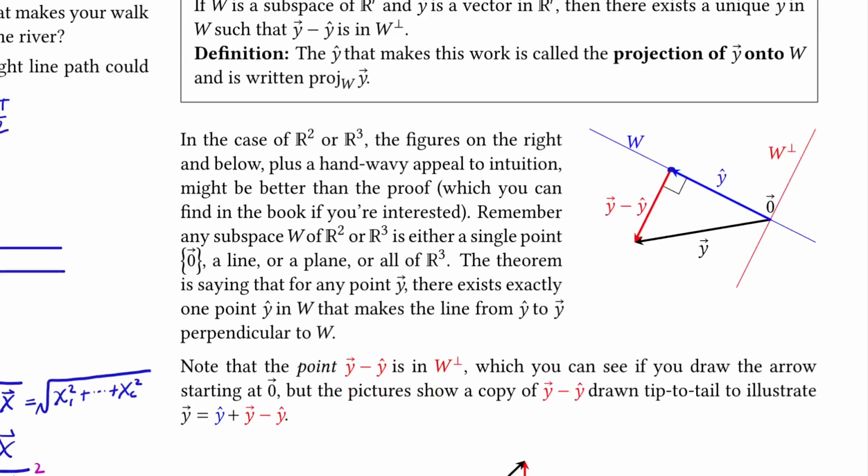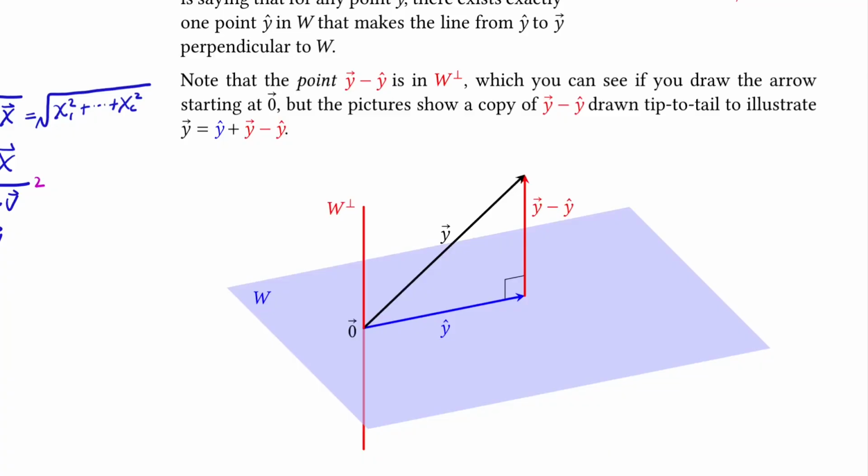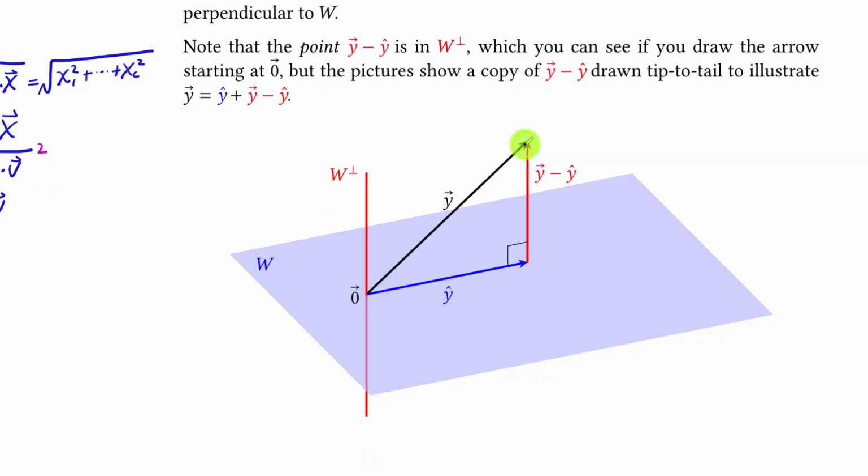Whatever vector y you have, there's only going to be one vector y hat, this arrow or this point here, so that when you go from that point to y by doing y minus y hat, you do that at a right angle.